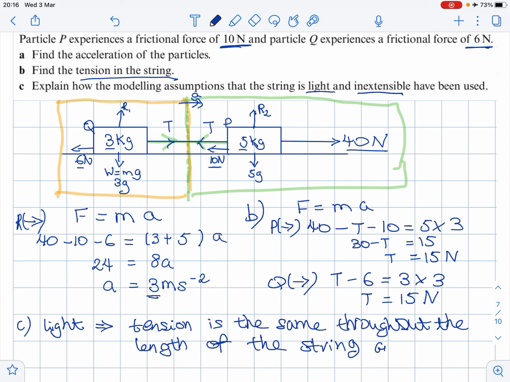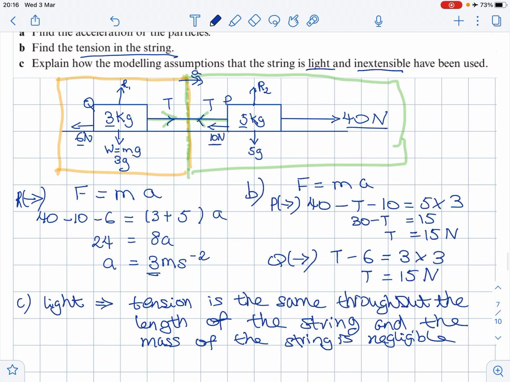And the mass of the string is negligible. Because it's light, we have ignored the mass of the string. And the word inextensible has been used in here, which means the acceleration of the masses is the same.